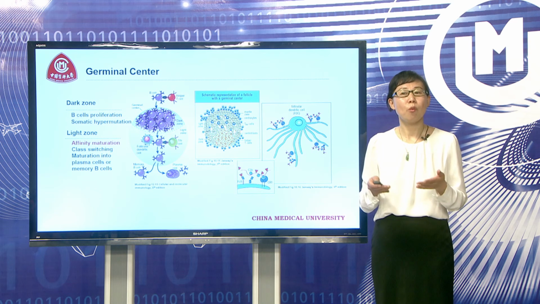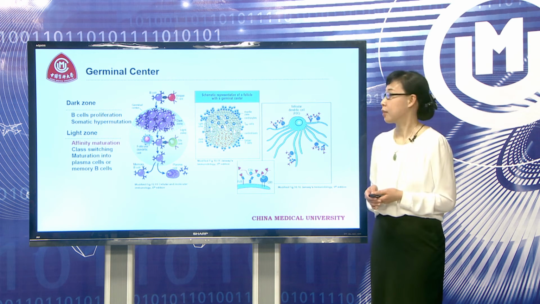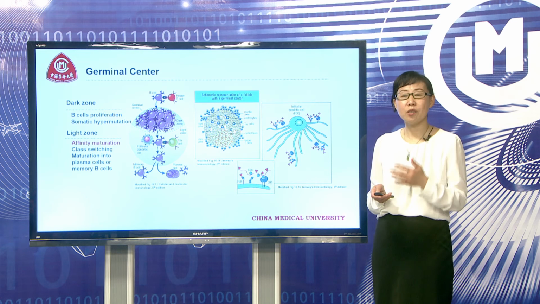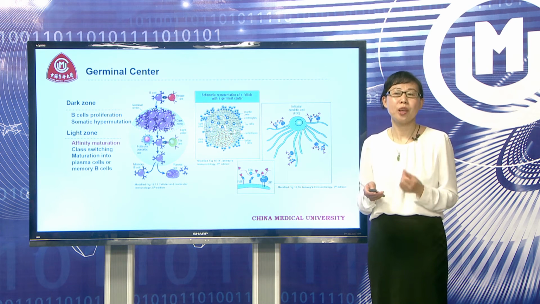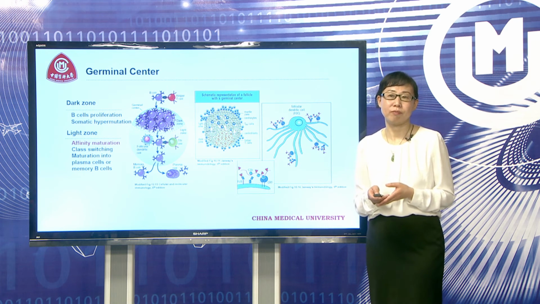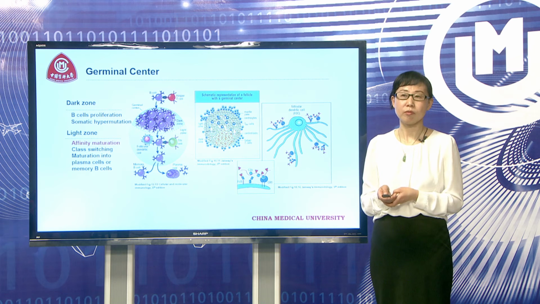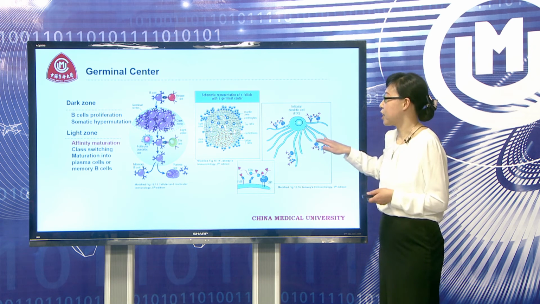But what's the reason for that? In the light zone, B cells' survival depends on two types of cells, follicular dendritic cells and follicular helper T cells. And let's look at the follicular dendritic cells.